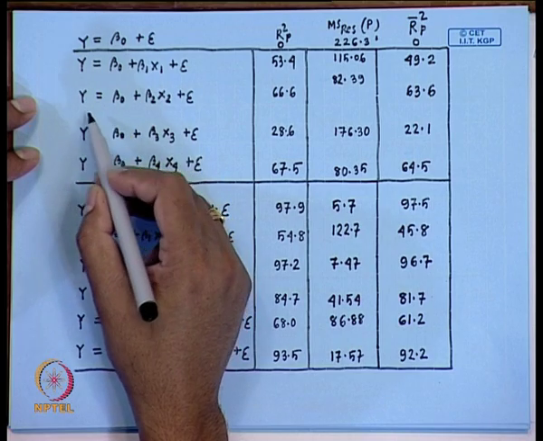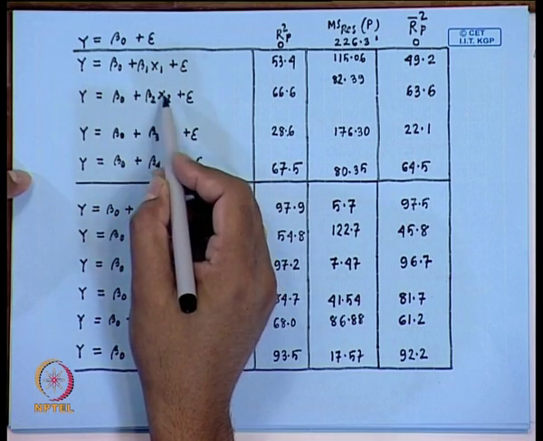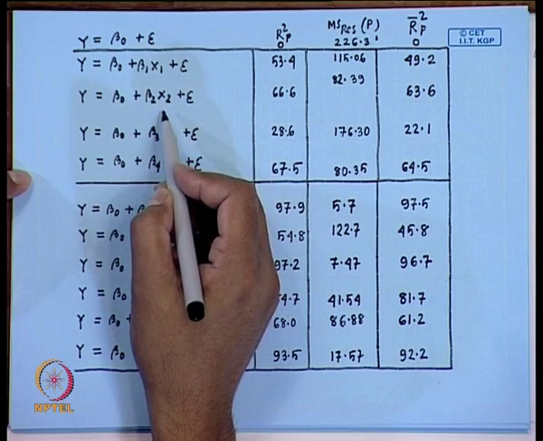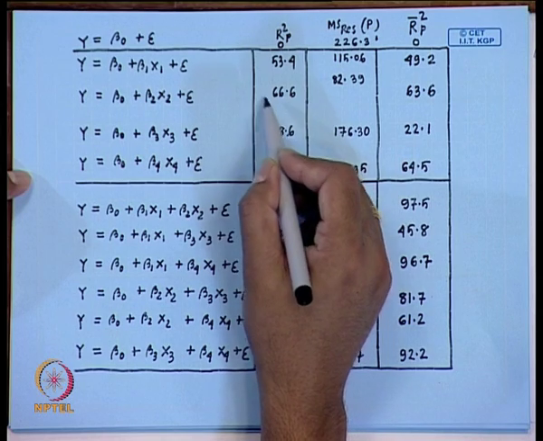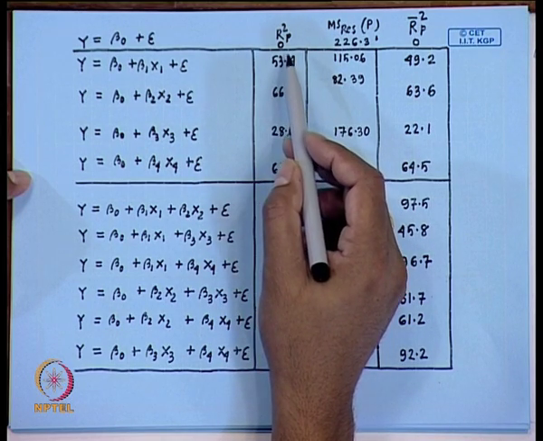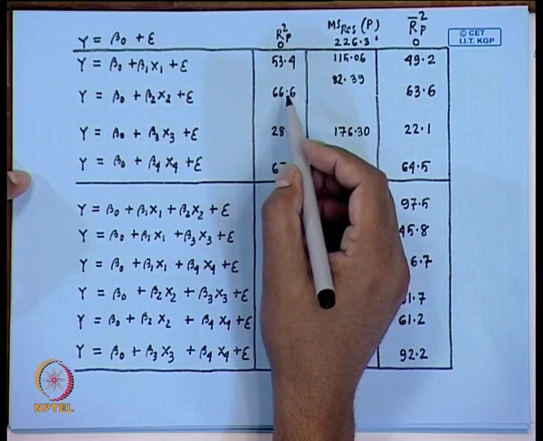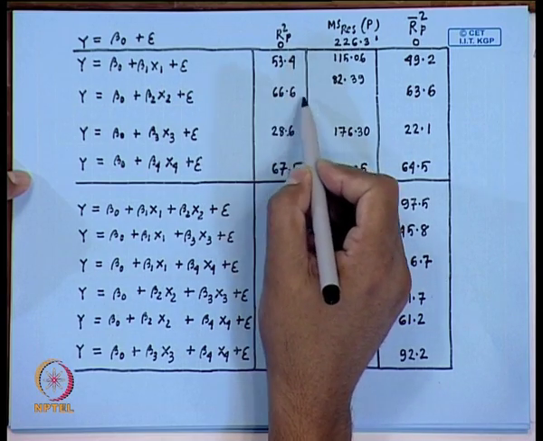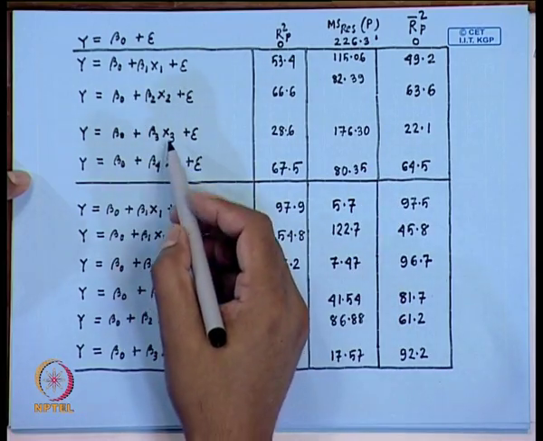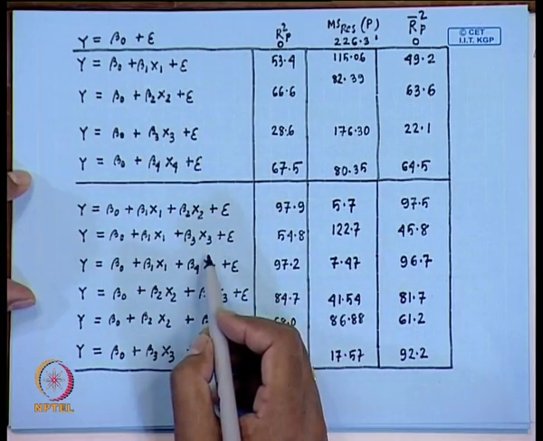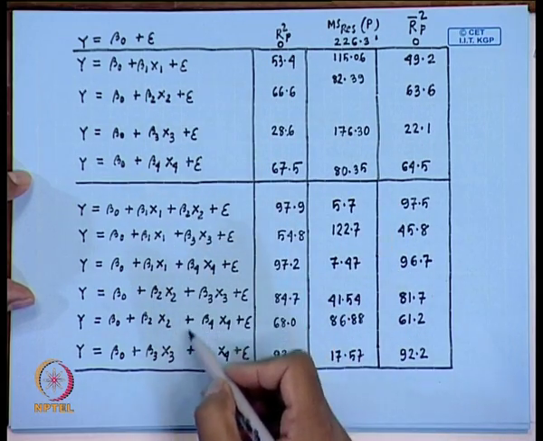Similarly, you fit this model. This model is also involving one regressor variable, and that is x 2. You find out the corresponding ANOVA table, and then you compute R square value. Okay. So, this is the R square coefficient of determination associated with this model, and similarly you do for all the models.